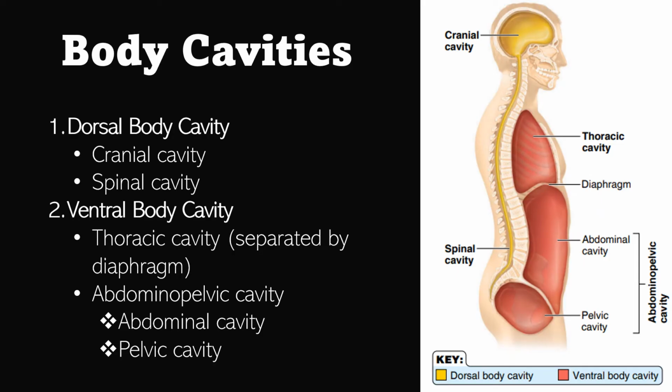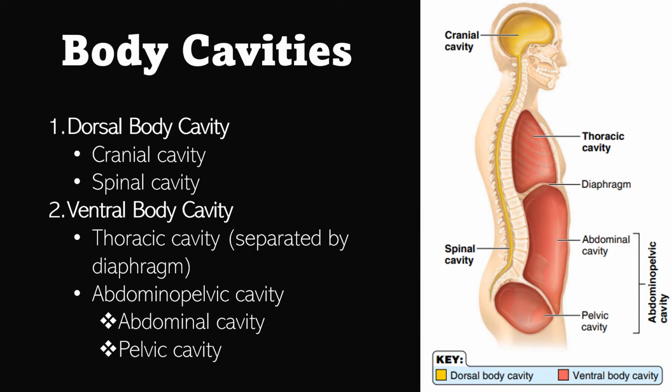Now we're going to discuss body cavities. As you can see in the figure, the body is divided into two main cavities. The yellow one in the figure is the dorsal body cavity and the pink one is the ventral body cavity.